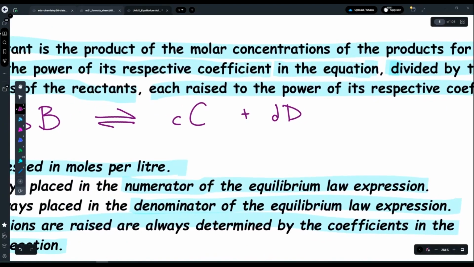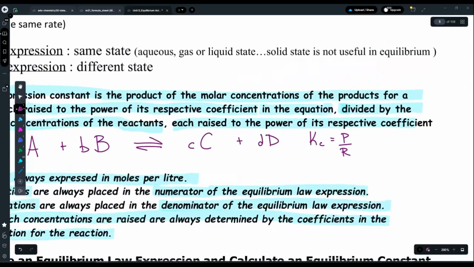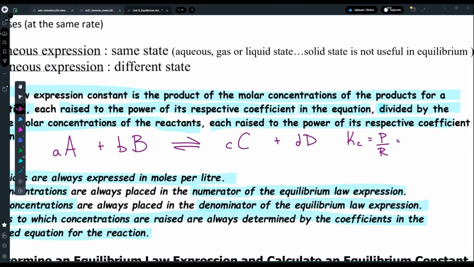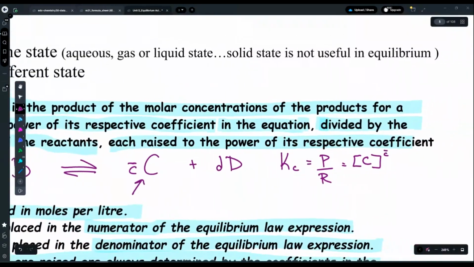How we would write this equilibrium law expression is: the equilibrium constant is equal to, and I like to start off with products divided by reactants just to help me figure out where everything goes. I'm going to start over here. The concentration of substance C. To differentiate the two, because it might get confusing, I'm going to put a line over top of the little c. So it's raised to the power of little c.